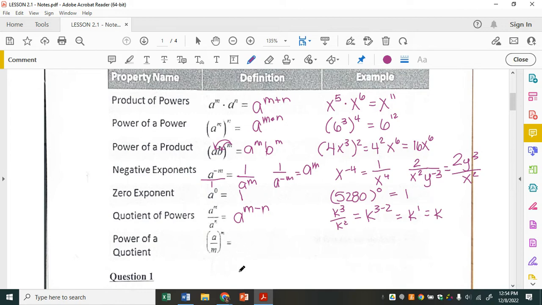Okay? Last property is power of a quotient. Just like up here where we said that this exponent needs to be distributed to every term inside your parentheses, the same goes here. It needs to be given to every term in your numerator and as the exponent on every term in your denominator. So in this case, I'd have a to the mth power over m to the mth power.